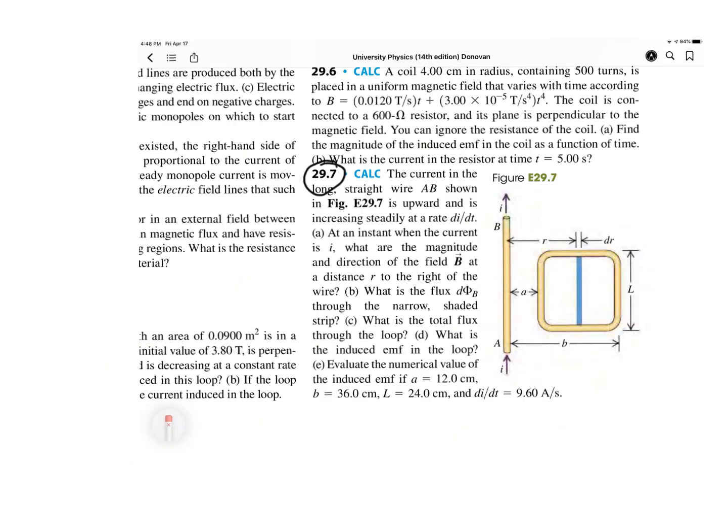So let's go to see next. On the next page, what I suggest you do is the following problems that I'm going to mark. This problem I consider you should know, 29.7. You can try to do all these problems between today and Sunday. And on Sunday I will be willing to help you do these problems with a lot of pleasure.